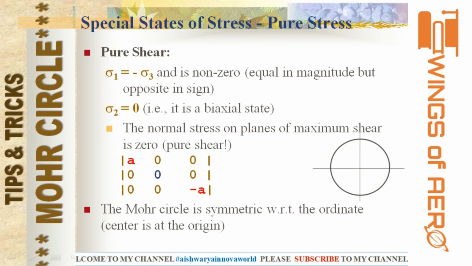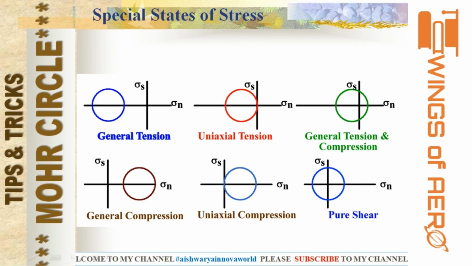Both stresses are non-zero, with equal magnitude but opposite in nature. In that kind of case, the Mohr circle's center will be at the origin and it will be shared equally in the negative and the positive. These are all the states of stress in various conditions.